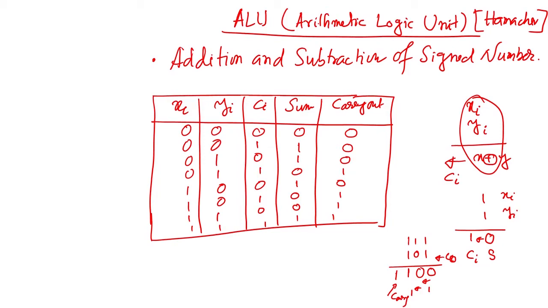So, here the corresponding sum: what will the sum be? The sum will be x I exclusive OR y I exclusive OR C I, and then the carry is C I plus 1.